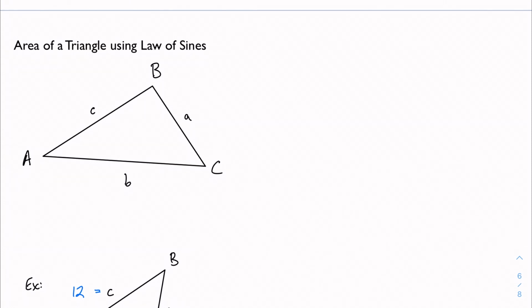But to find the area of a triangle, we know from before that the area of a triangle is 1/2 base times height. Well, there's no defined height given here. We know that the height would probably be this right here, and our angle measure is theta.